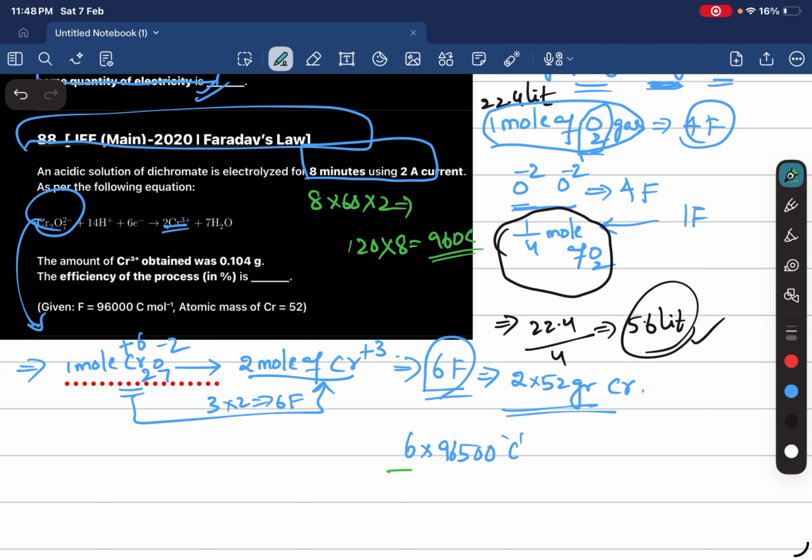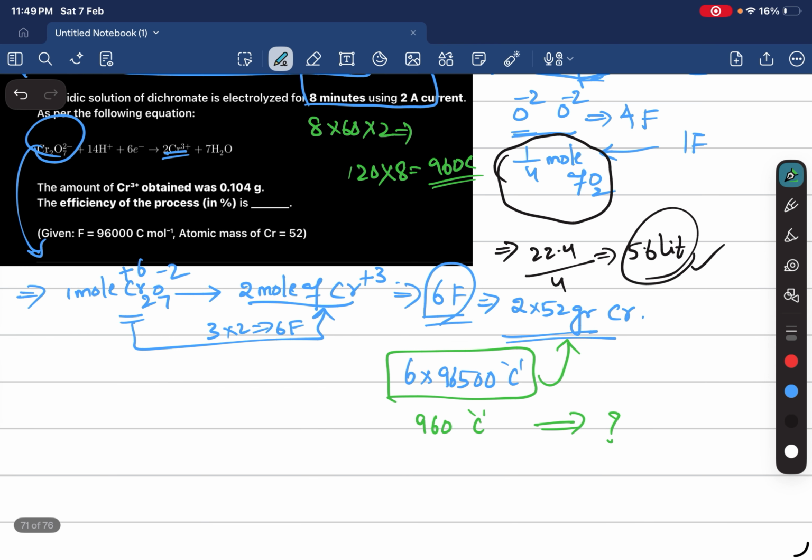So this many coulombs deposit this many grams of Cr. Now 960 coulombs means how many grams of Cr will be deposited. You can write it: 6 into 96,500 coulombs gives 104 grams of Cr. And for 960 coulombs how much? 960 by 6 into 96,500 into 104 grams.